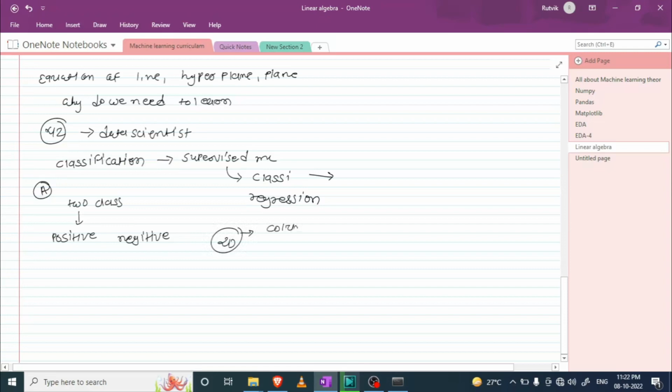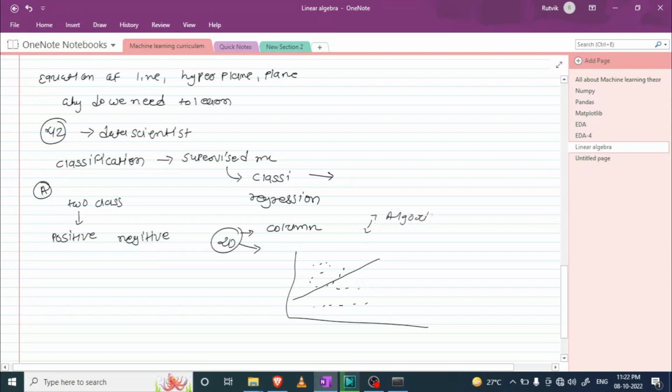to separate this data set, suppose like this, here you have all the data, and here you generate a line, and you write an algorithm to separate the data.